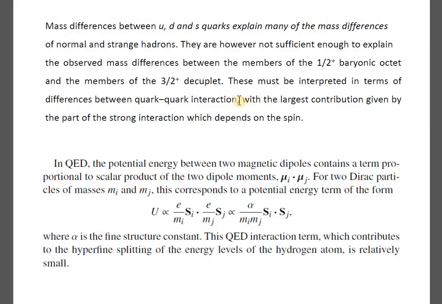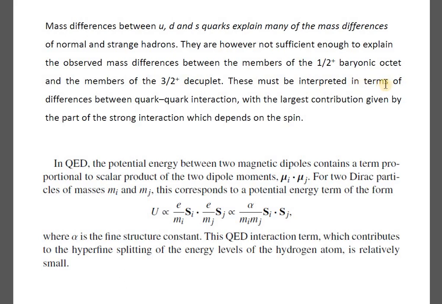Well, I've just summarized it here. The mass differences between the UDS quarks explain many of the mass differences of normal and strange hadrons. However, they are not sufficient to explain the observed mass differences between the members of the 1/2+ baryonic octet and the members of the 3/2+ decaplet.